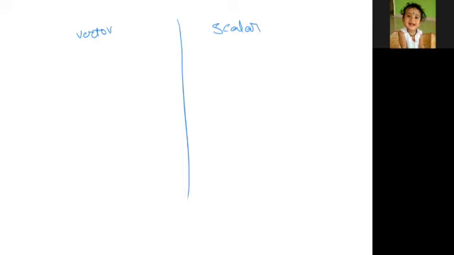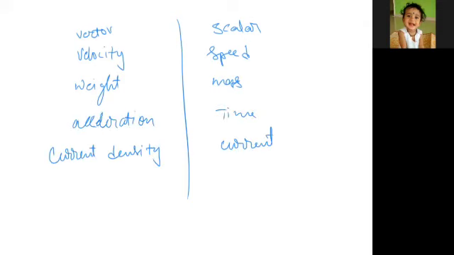Examples like velocity, speed, time is a scalar, acceleration is a vector, current. So if you have direction and magnitude, then it is known as a vector. And if you have just magnitude, then it is known as a scalar.